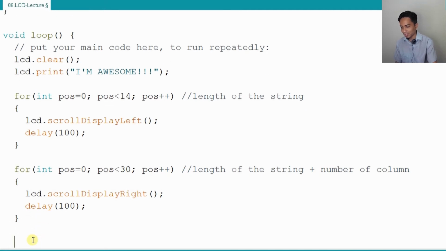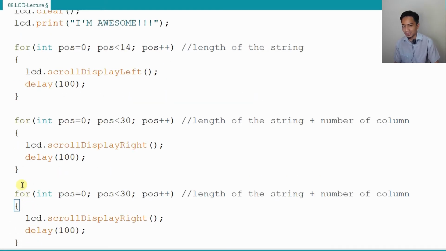If you are not lazy like me, you can rewrite it again. But if you are just like me, quite lazy to rewrite, just copy and paste. Now it goes back to the original position.